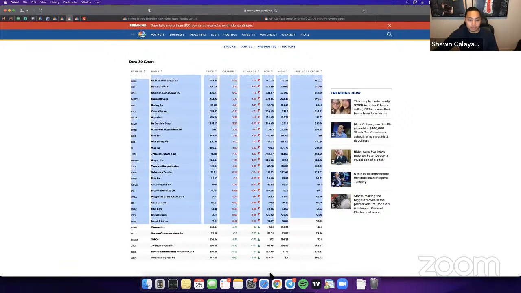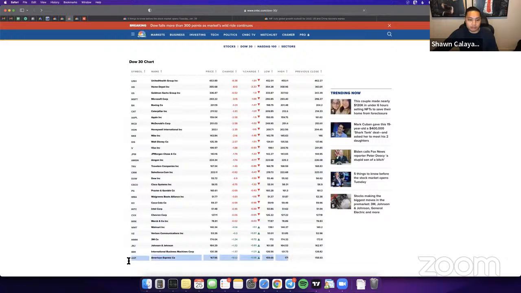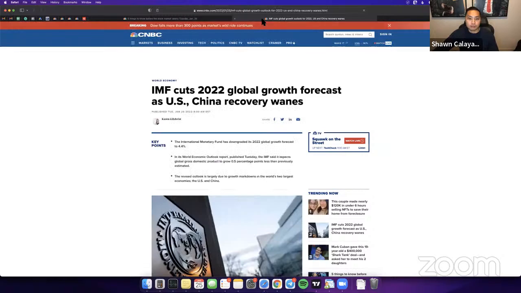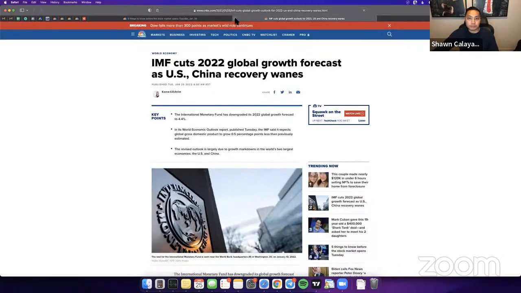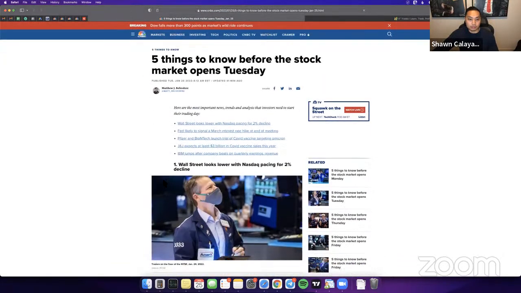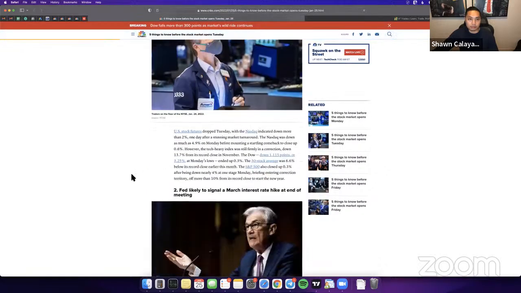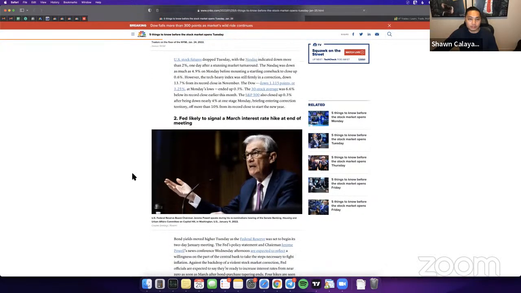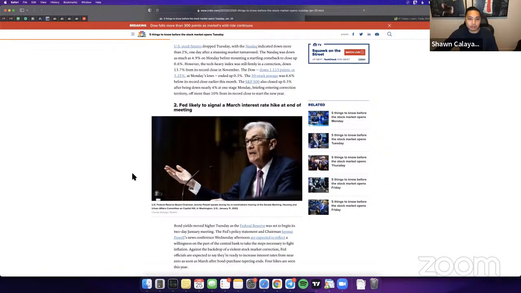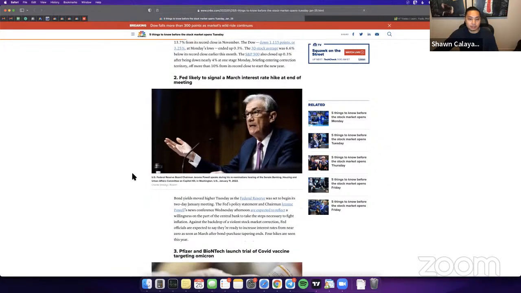There's like one stock here that's very green, which is American Express. I'm not sure why they're so green. I know there's earnings today. Let me just check this real quick. Wall Street looks lower. Let's check that. It says 5 things to know today. Fed is likely to signal a March interest rate hike at the end of the meeting.